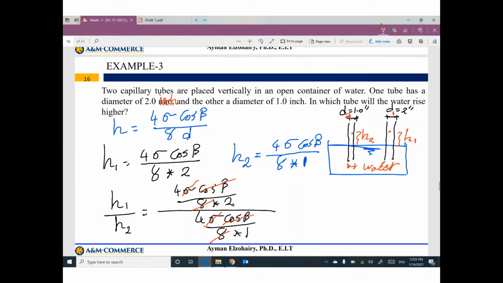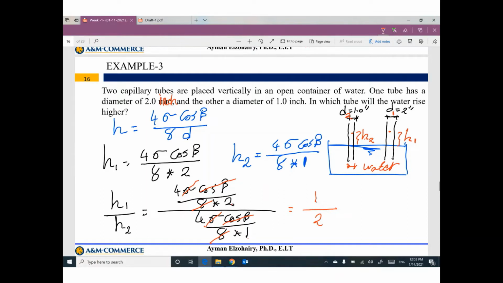So finally, this relationship can be 1 divided by 2. Numerator of a denominator is denominator, denominator of a denominator is numerator. So the final result, H1 divided by H2 equals 1/2.